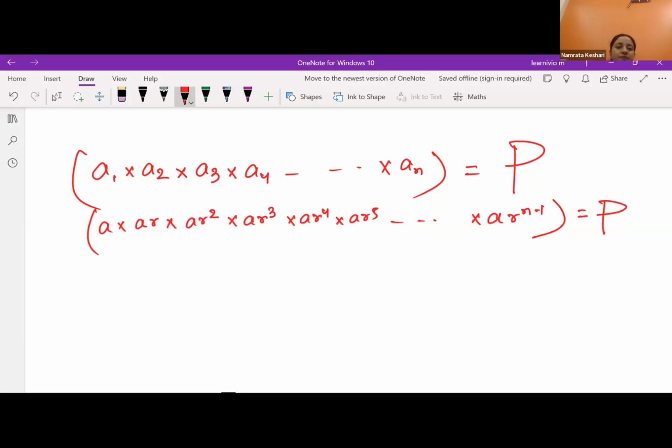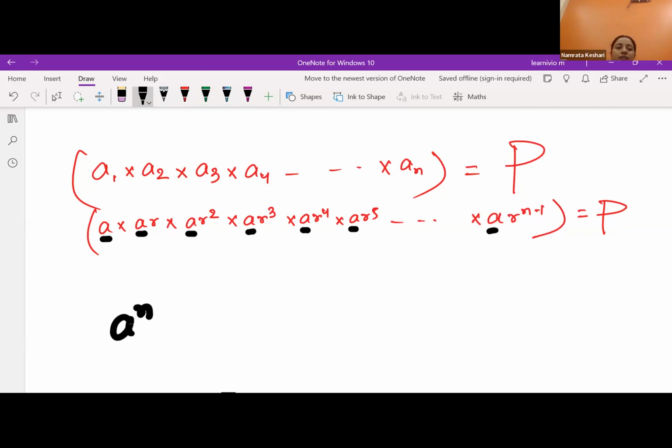But I can see A is here, A is here, A is here. Just like the summation one, at least we are able to apply the logic. How many A are we having? Each has power 1, so can I write A to the power n?